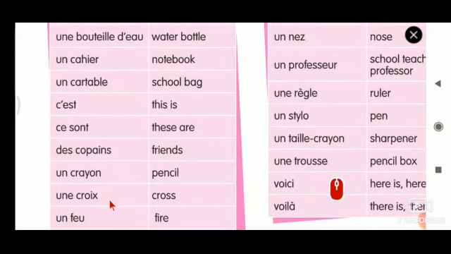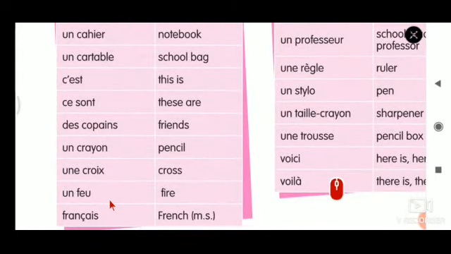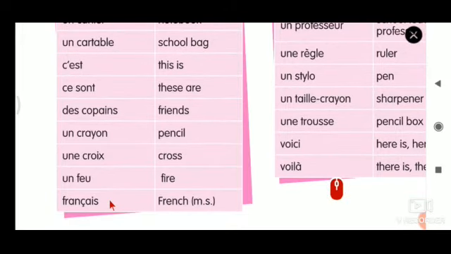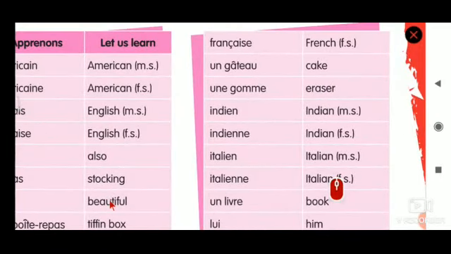Une croix, cross. Un feu, fire. Français, French. Française, French woman.